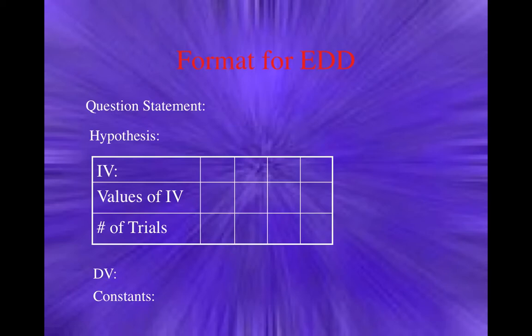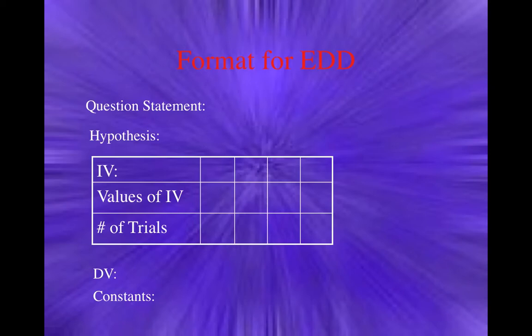So the IV you choose to change, the DV you see: is it affected by changing the IV? And then, because you only want to vary one thing at a time, I want you to be aware of those things that you are purposefully holding constant so that you can figure out what the effect of the IV is.